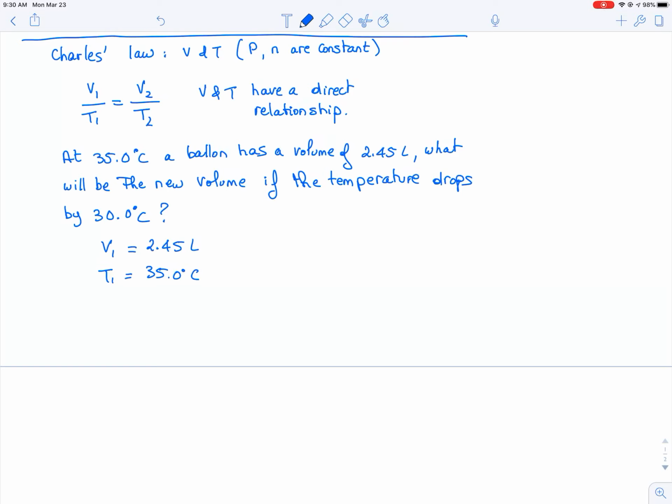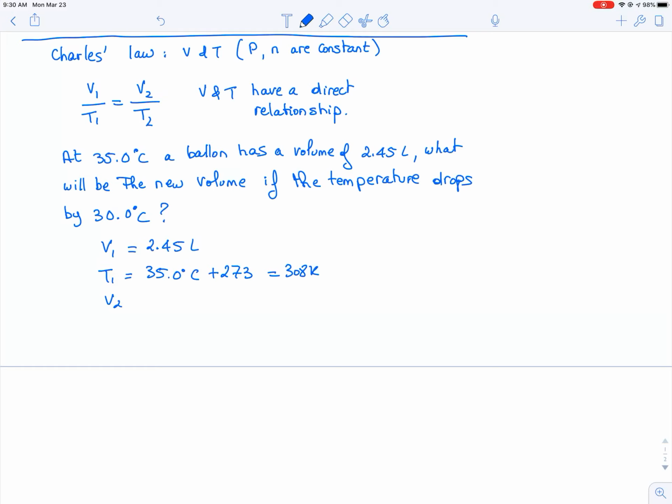You always have to use what unit? No exception. Always have to convert it to Kelvin, which means I need to add 273 to this. And that will give me the temperature in Kelvin. So 35 plus 273 is 308 Kelvin.